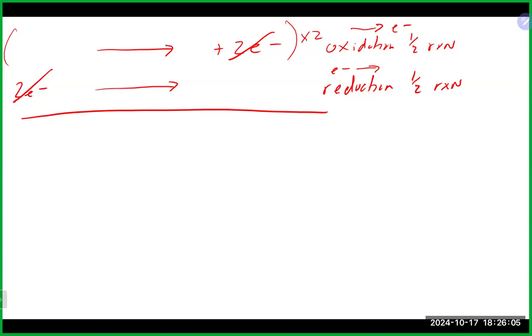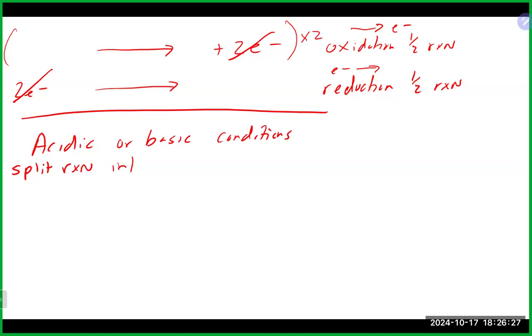Now, when we're dealing with redox reactions in acidic or basic conditions, it requires a few more steps along the way. So first off, the first thing you want to do is split your reaction into these half reactions.